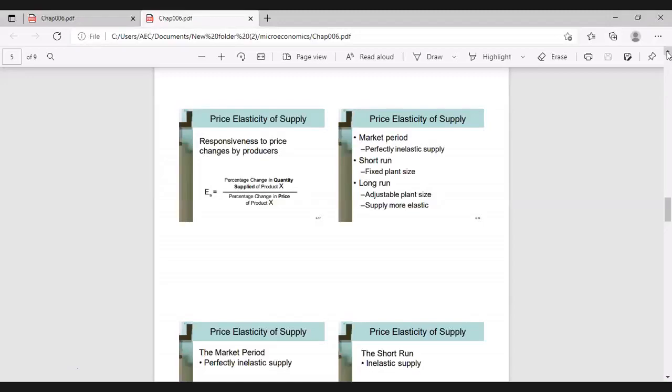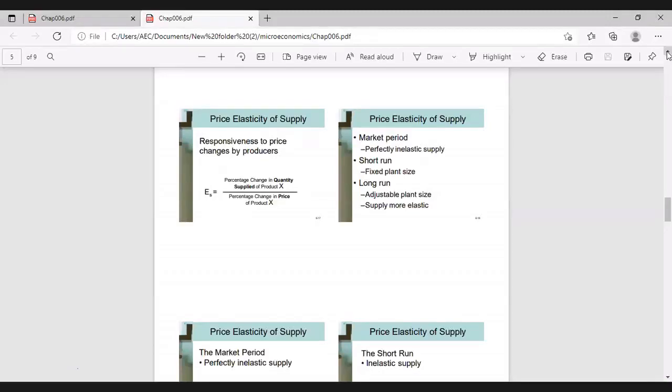But for other products we cannot say perfectly inelastic supply. Manufacturing products, for example, are kept in stores. So if the price increases, that seller or producer can bring more quantity to the market to sell. So it can have a somewhat elastic supply, but not perfectly inelastic, in the market period.